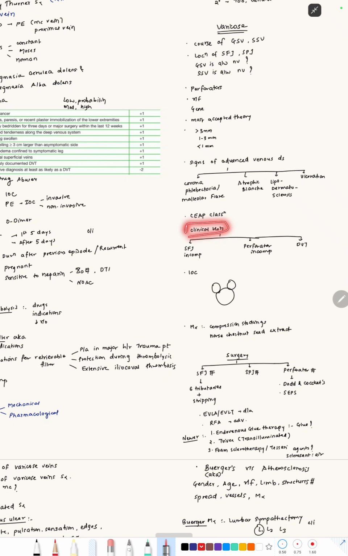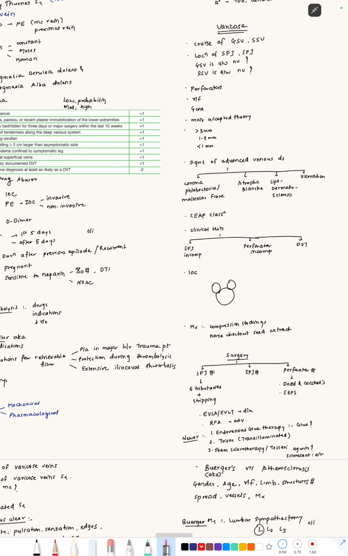Now, the clinical tests. The clinical tests are for SFJ incompetence, perforator incompetence, and deep vein thrombosis. The first is SFJ incompetence. The SFJ incompetence tests are the Morrissey's cough impulse test, Trendelenburg test, and Schwartz test. In perforator incompetence, it is the Fegan's test, Trendelenburg test, and multiple tourniquet test. For DVT, we have the modified Perthes test.